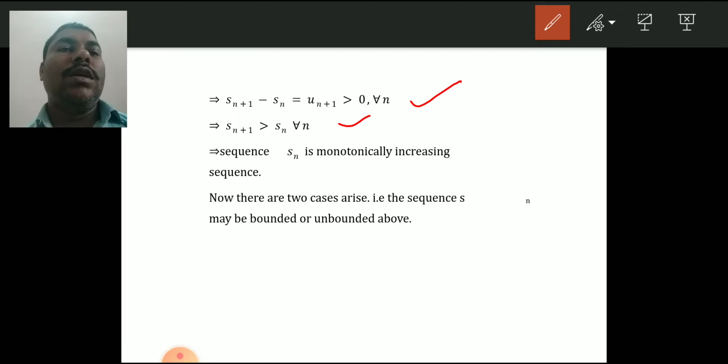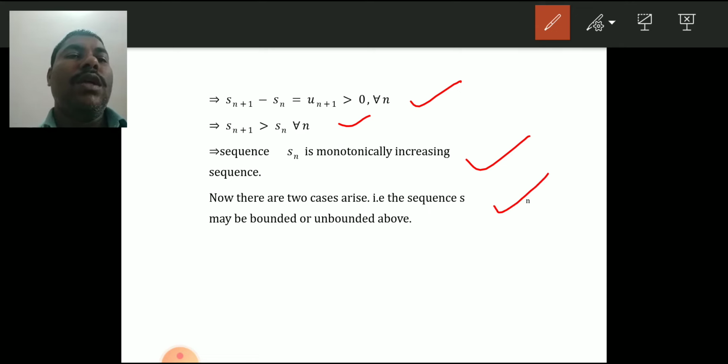So Sn plus 1 is greater than Sn for all n. That implies the sequence Sn is a monotonically increasing sequence.